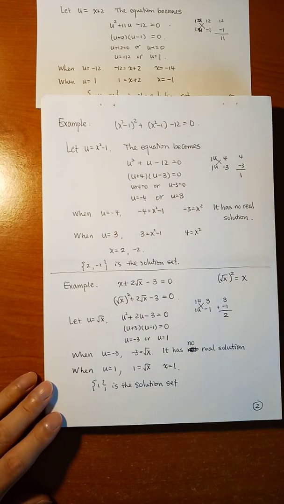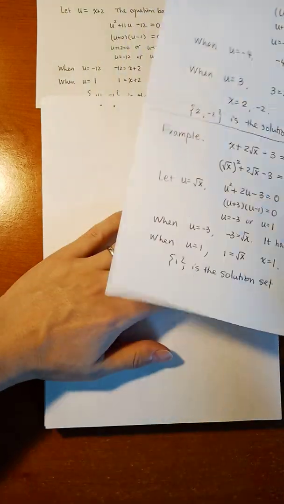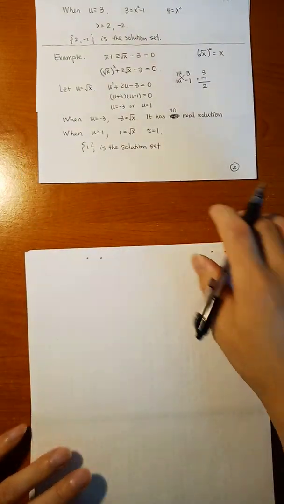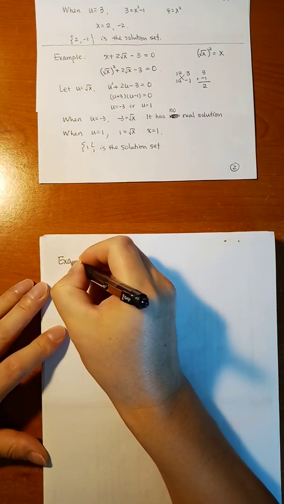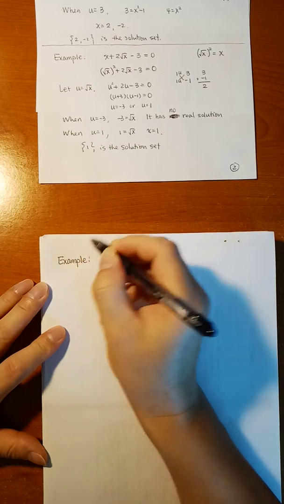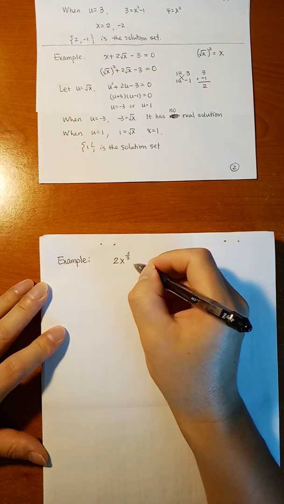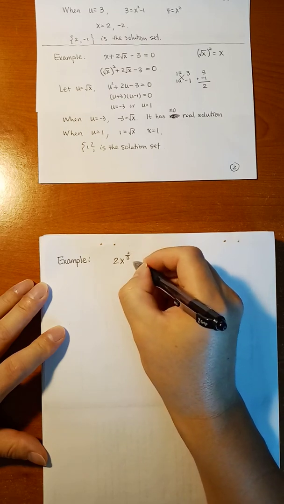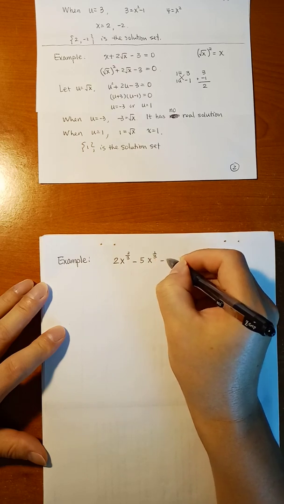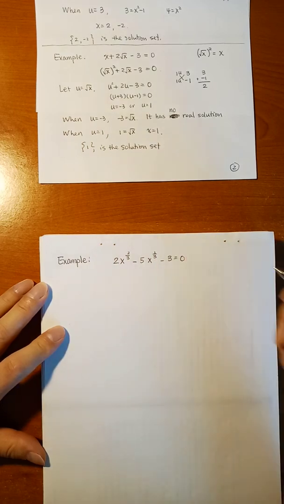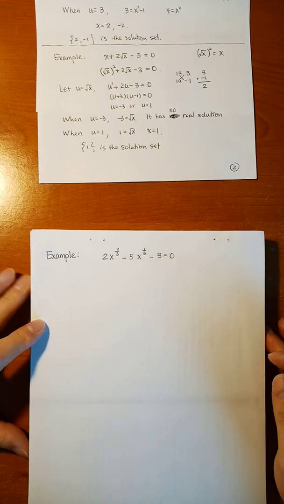Let me see if we can get another type. Let's do more examples. For example, if we have the equation 2x to the 2/3 minus 5x to the 1/3 minus 3 equal to 0. This is an equation quadratic in form. How?